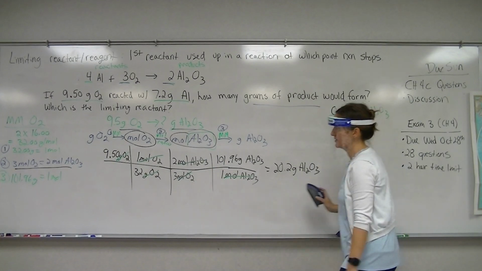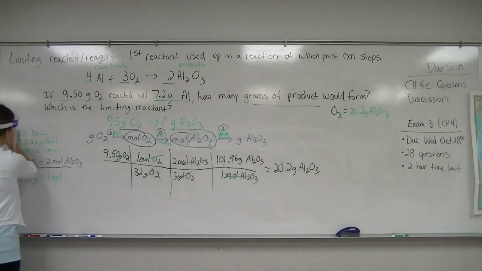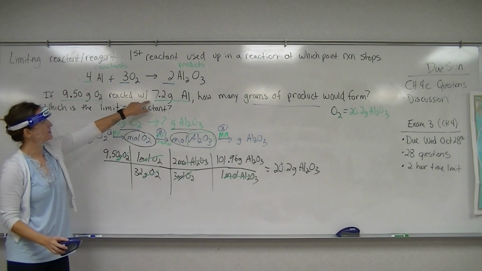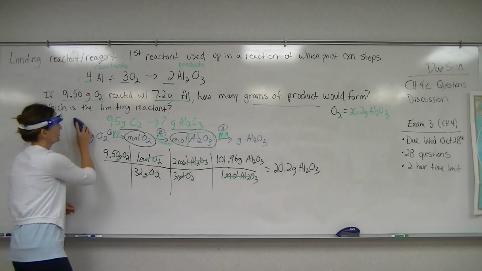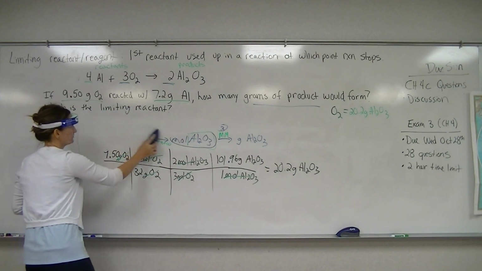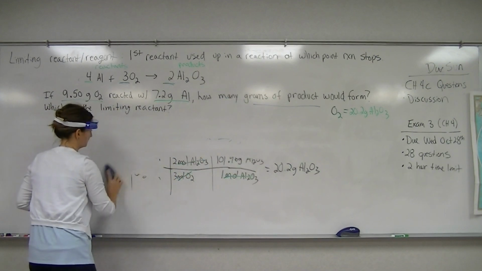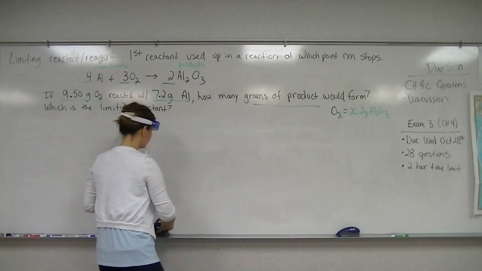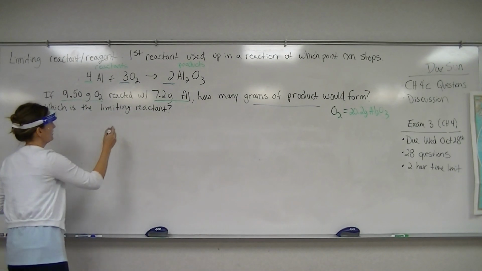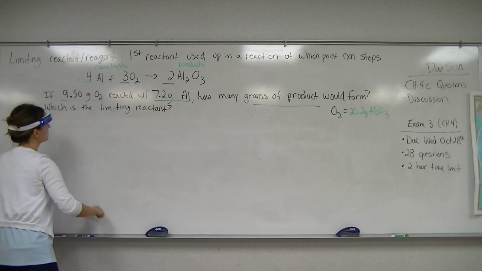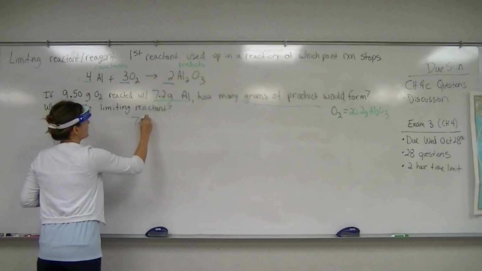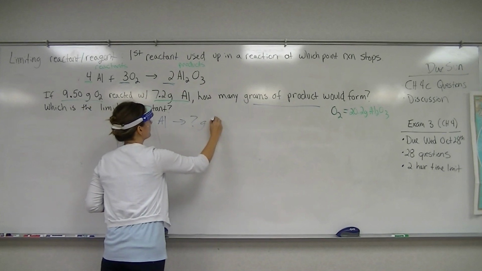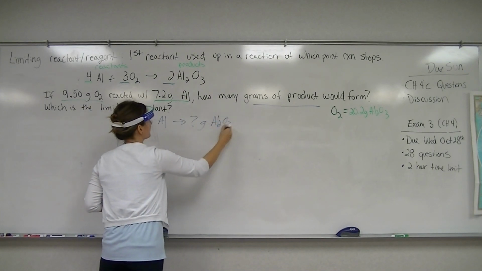So we erase this, and we're going to do the same thing, but using the aluminum given, the 7.2 grams of aluminum. All right, so this time, 7.2 grams of aluminum, and we're going to see how many grams of product that's going to make.